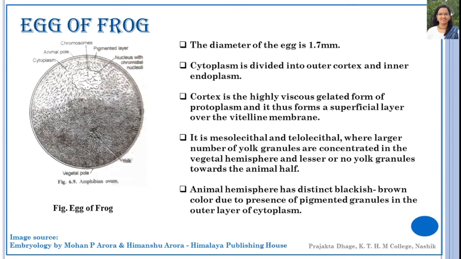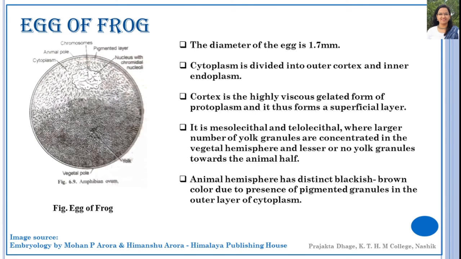First is the outer cortex, which is going to be highly dense cytoplasm. Then the inner endoplasm is not going to be that dense. As already mentioned, the cortex is a highly viscous, gelated form of protoplasm and thus forms a superficial layer.